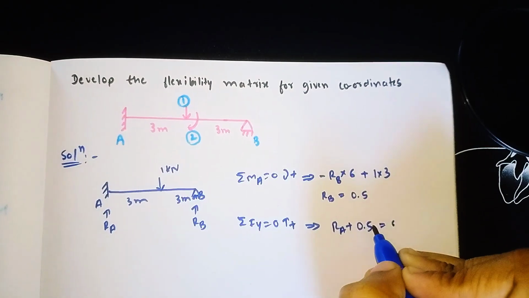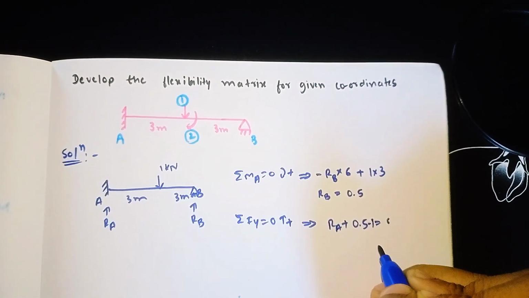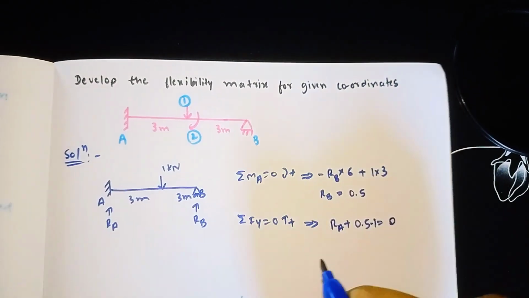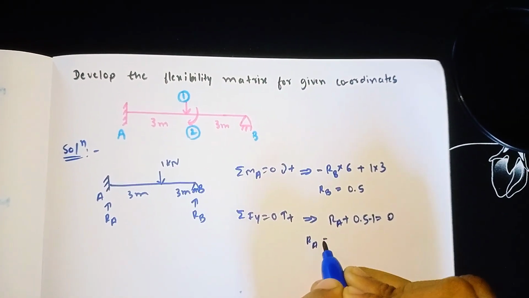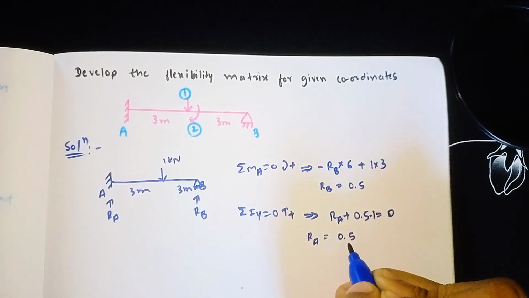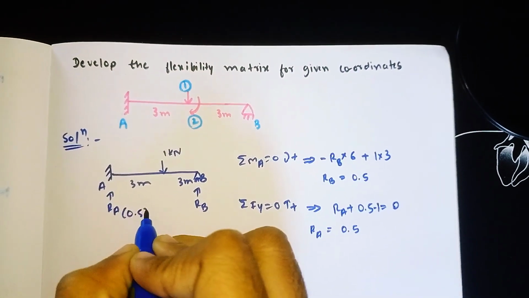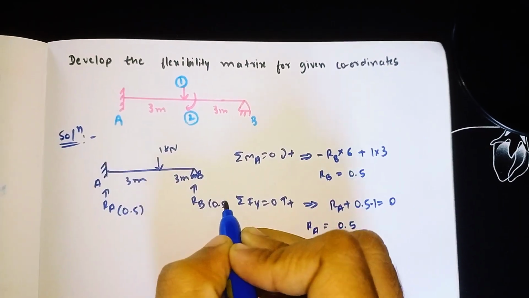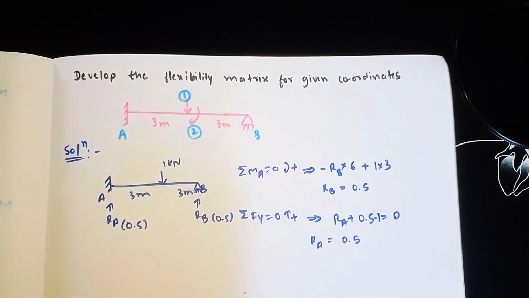It is moving downward, so it is negative. We need to take minus 1 is equal to 0. So now simplify it. Our RA will come out as 0.5 minus 1, which will be 0.5. So RA is 0.5, RB is also 0.5. So this is for the first diagram, coordinate number 1.